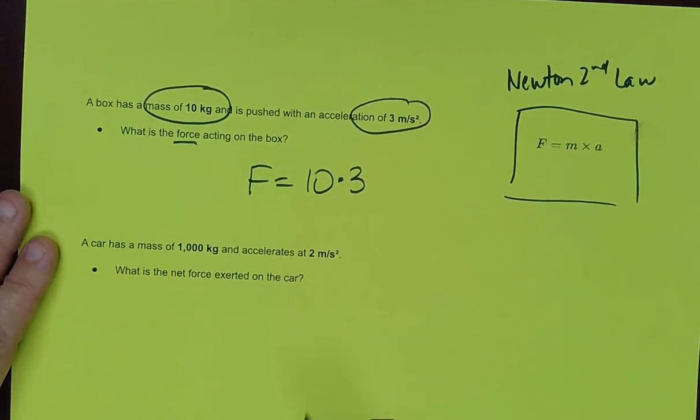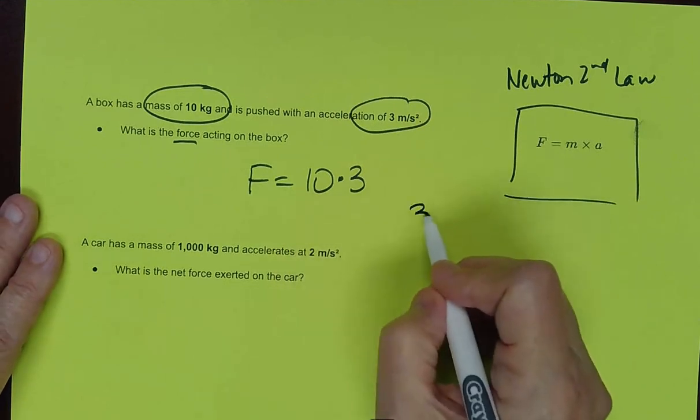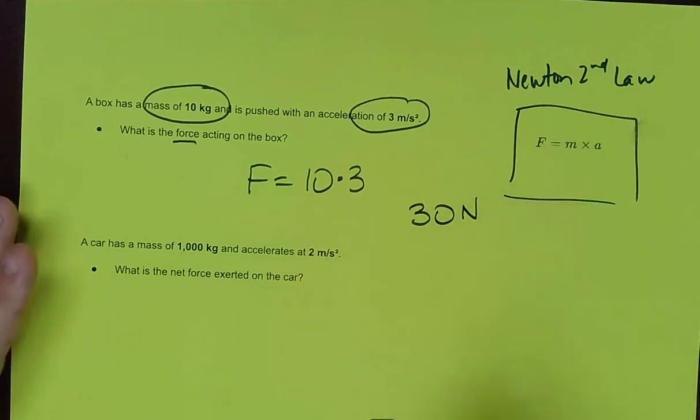When we multiply 10 times 3, we get a force of 30 newtons. Once again, if you study physics a little bit, you'll learn that when you multiply the kilograms times the acceleration, you're going to get newtons of force. So there is one example.